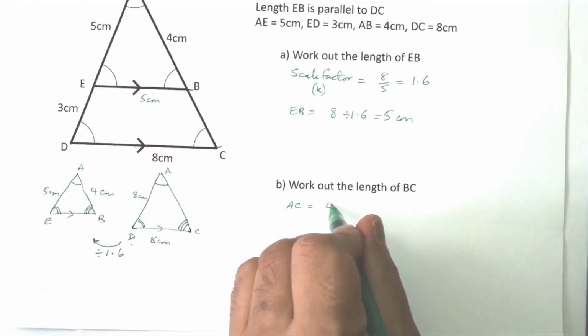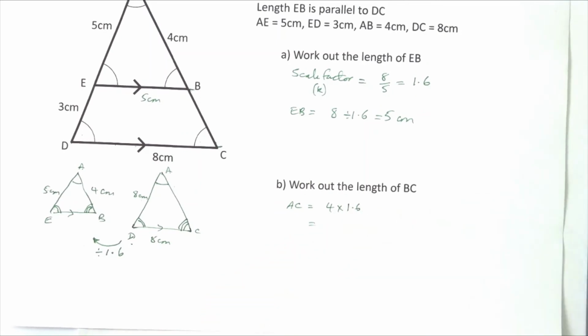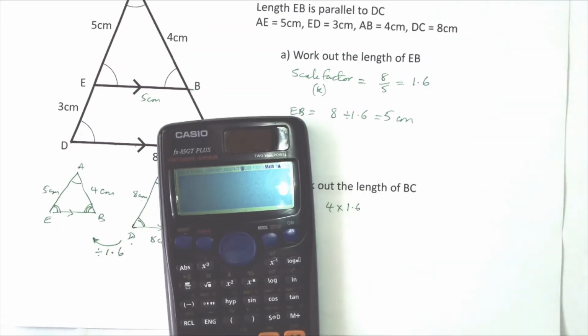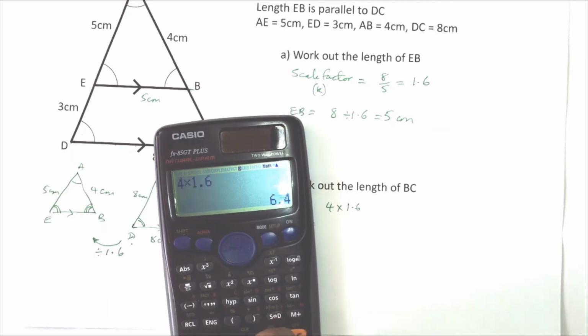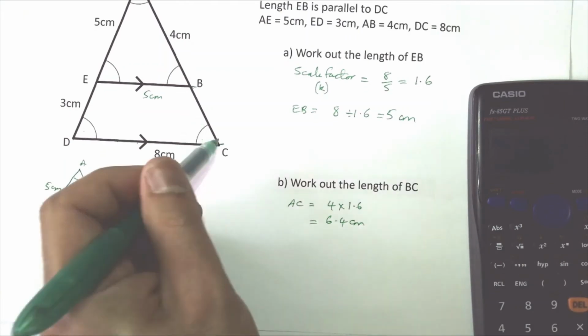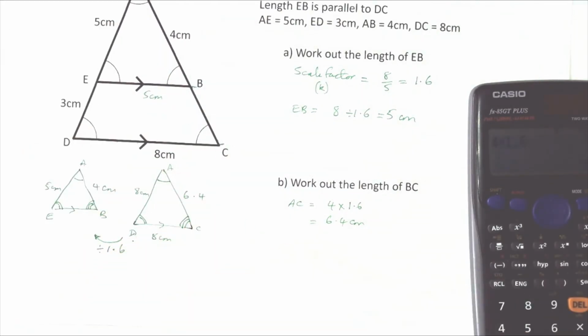So that's 4 times 1.6, and again I can use the calculator. 4 times 1.6 gives me 6.4 centimeters. So that's the full length of AC, right here on this diagram, 6.4.